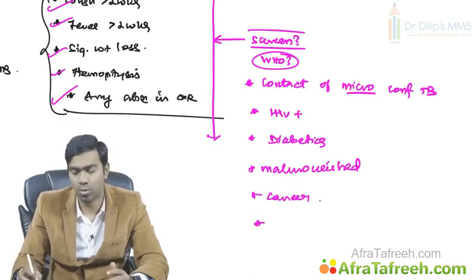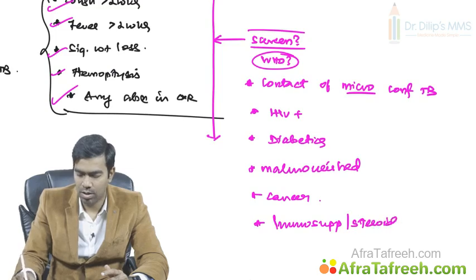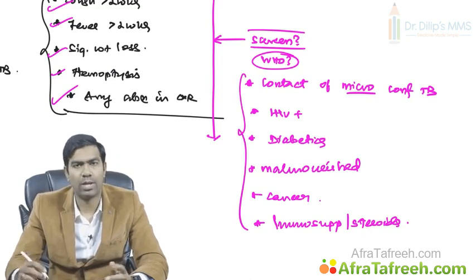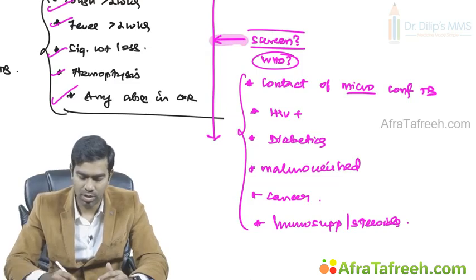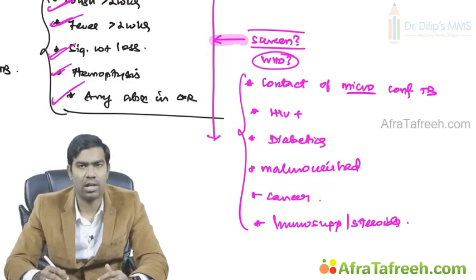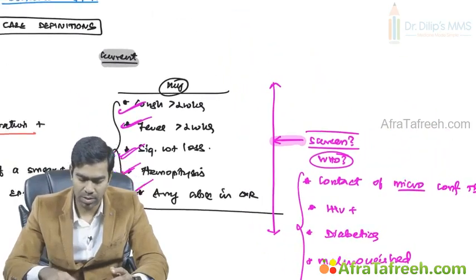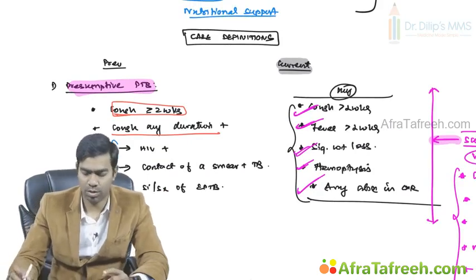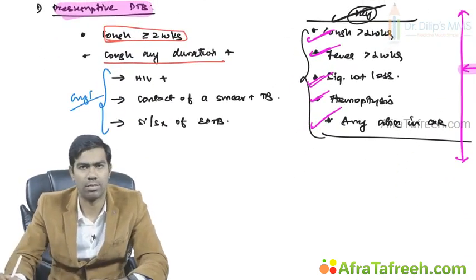And sixth, patients on immunosuppressive therapy or medium to high dose steroids. These are the patients who can be taken as high-risk patients, and in these patients you have to regularly screen for signs and symptoms of tuberculosis, and if any of these is there, you can take them as a presumed pulmonary tuberculosis case. Clear? Very important point. This is the current definition and you have to know all these things because these are all questions in exams.